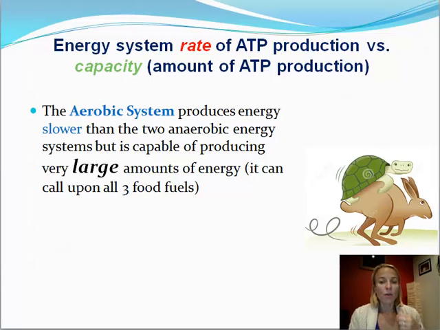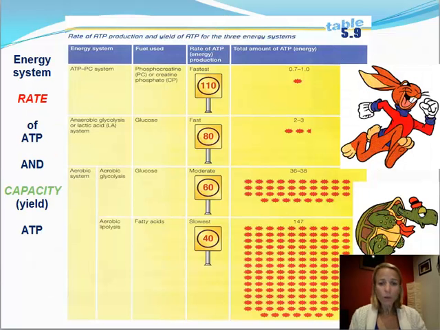So getting back to the rate and the capacity, the rate of energy that the aerobic energy system can provide is quite slow, but its yield or its capacity is very large. The yield also depends on which nutrient, carbohydrates, fats or proteins, the body is using to produce that energy. We are just looking at the aerobic system at the moment.